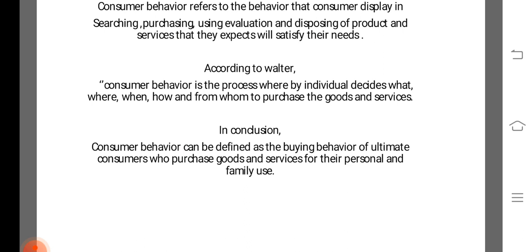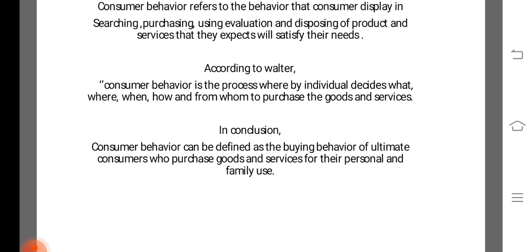It varies from consumer to consumer. According to Walter, consumer behavior is the process whereby individuals decide what, where, when, how, and from whom to purchase goods and services, and that the purchased goods and services are going to satisfy his or her wants, needs, or demands.